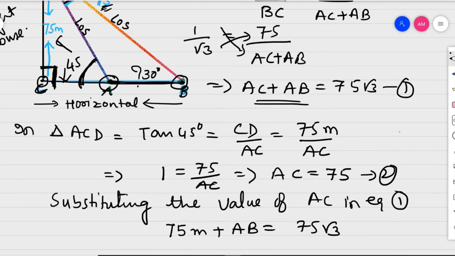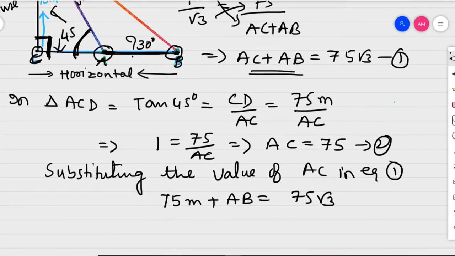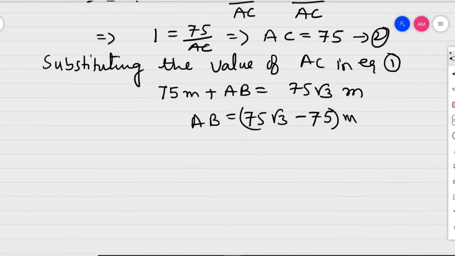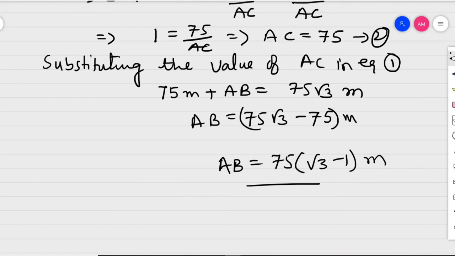So AB will be equal to 75 root 3 minus 75. Children, these are the units; meter should always be written. Taking root 3 common, you get AB equal to 75 times (root 3 minus 1) meters. Further you can simplify by putting the value of root 3, otherwise if you leave it like this, you are also correct.